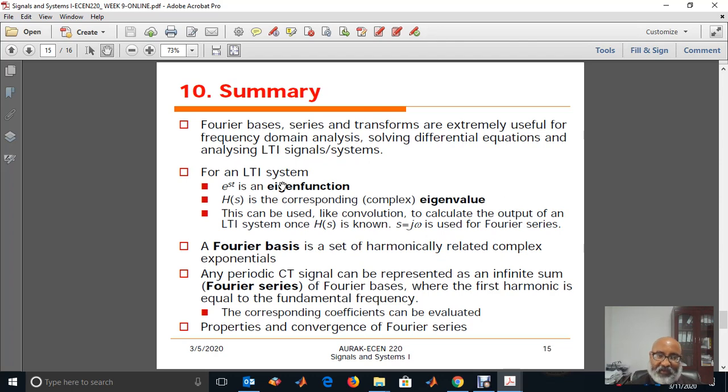The ak can be calculated as ak equal to 1 over T, the integration of x of t e to the power of minus jk omega naught t dt. And we studied the relation between Fourier series and linear time invariant systems. We studied the frequency response of systems.